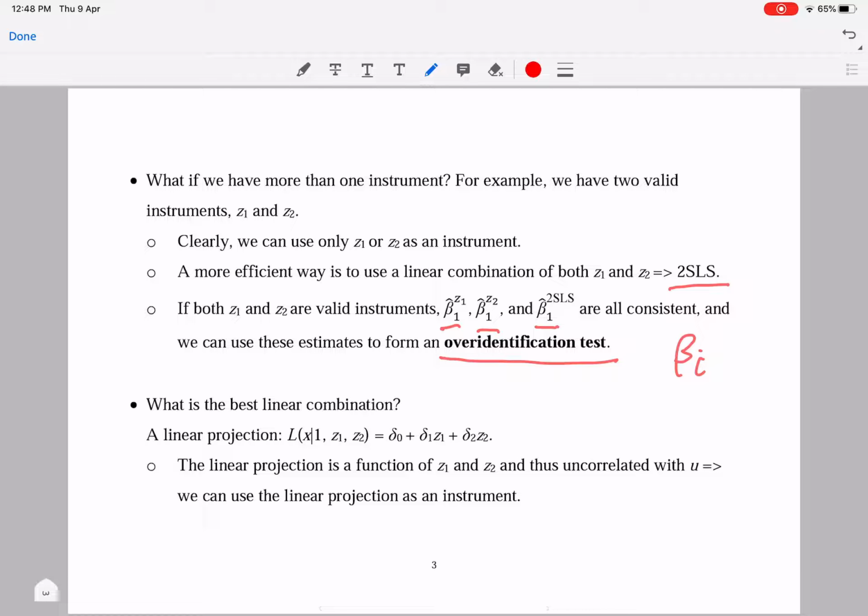Just remember, if you see an over-identification test, that means they compare whether the IV estimates are similar across different instruments. So you need to have more than one instrument in order to do that kind of over-identification test.